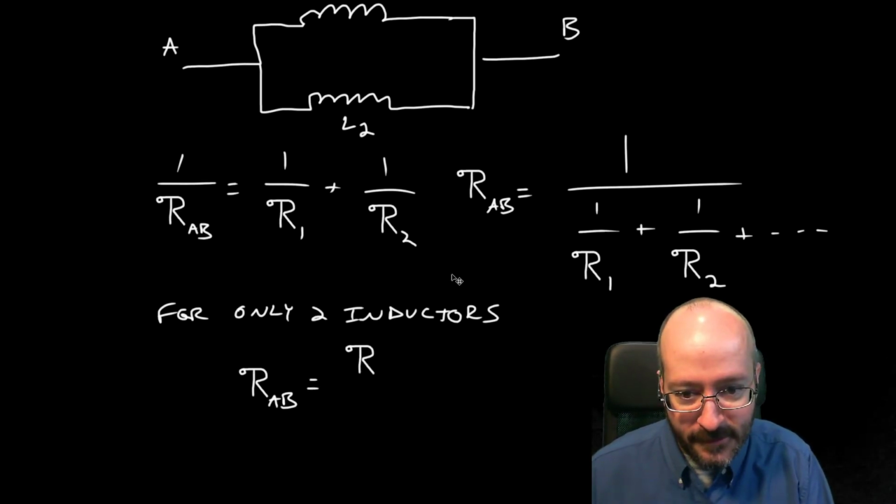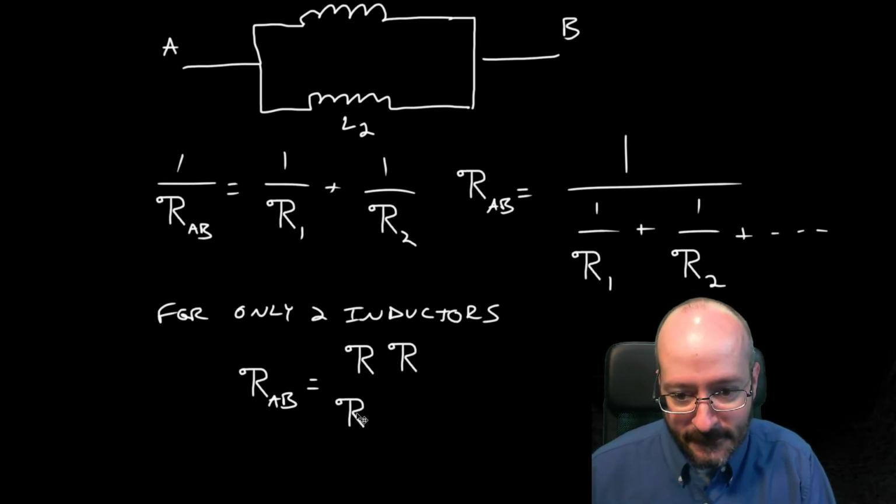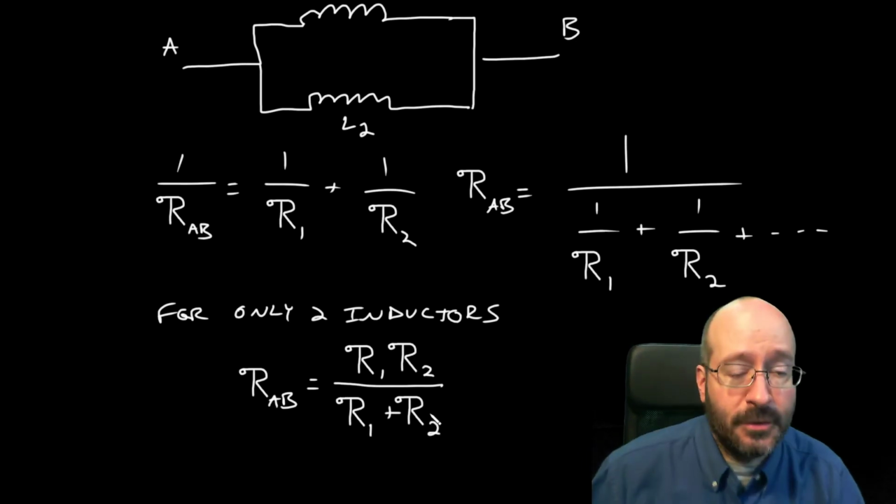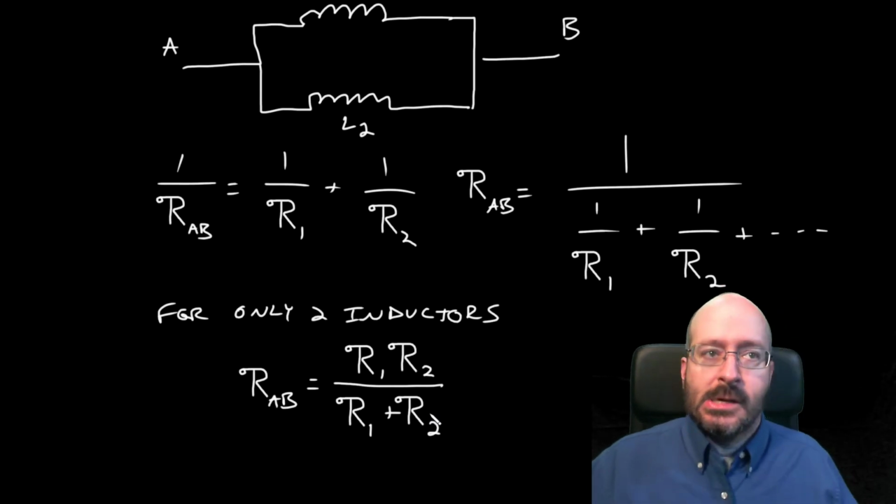We need 4. Get them all in one shot, and then I'll fill in the subscripts. So we can take the product over the sum, but that only works for 2, so be careful with that one.